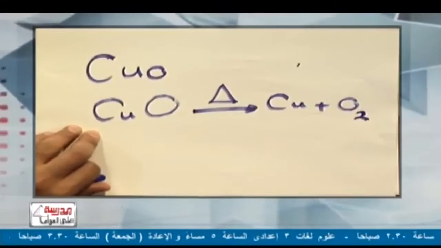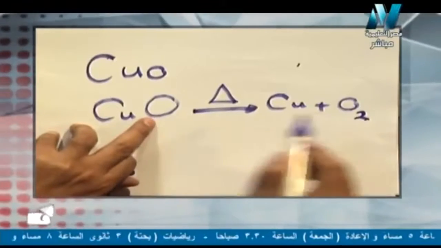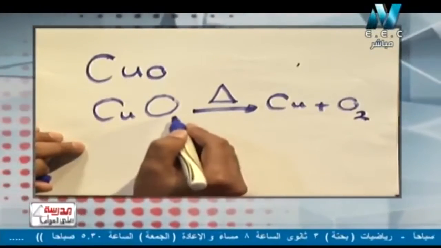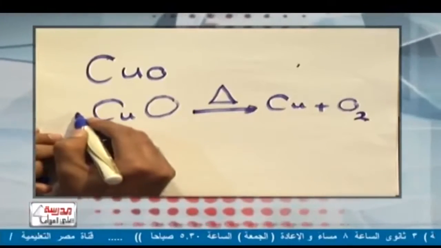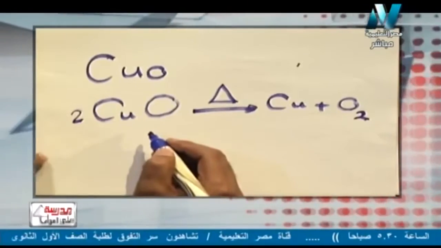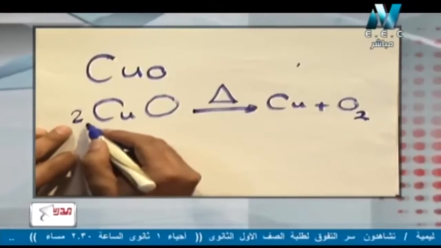But there is another mistake. We have no balance in this chemical equation. There is one here, and now there are two. What can I write? We can write 2 before the two elements. We have two ways here, but the easier one is to write 2 before the two elements.